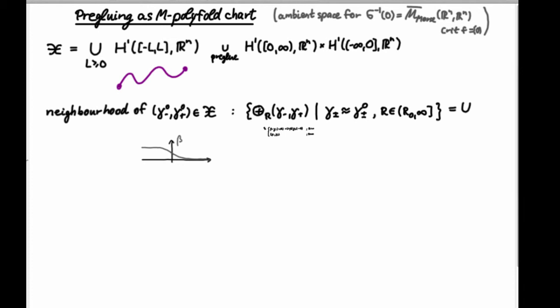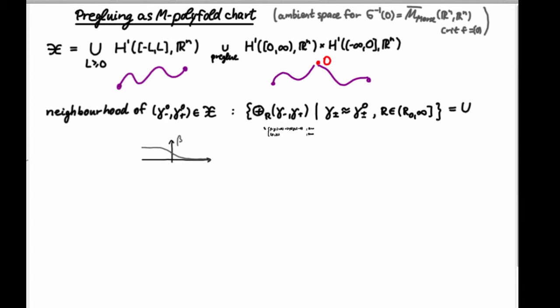And then one thing can happen, it can break at 0. And so I should somehow allow myself a half-infinite path converging to 0 and another half-infinite path. And those again, I can make a connected topological space by pregluing. And now I'd like to not just topologically define the neighborhood of a broken curve here, but I would actually like to give it the smooth structure.